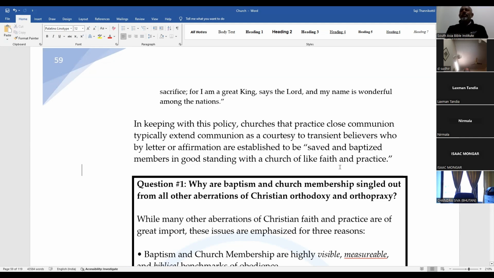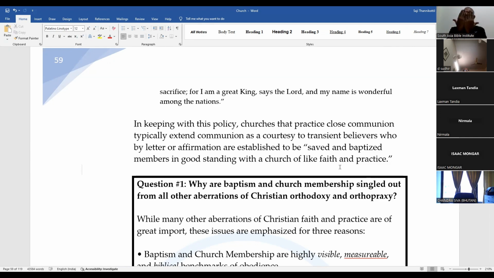So here is a difference. Friends, if you are listening, what is the difference between closed communion and close communion? In closed communion, there is no D. That's the difference. No, it's much more. The main difference: closed communion is completely closed.